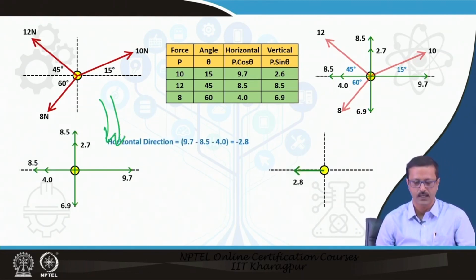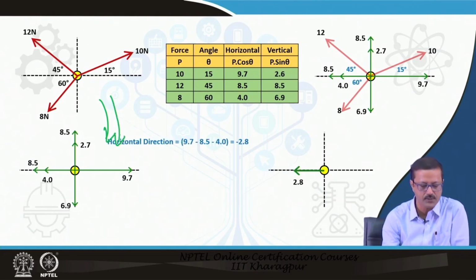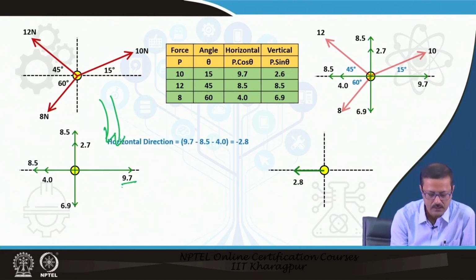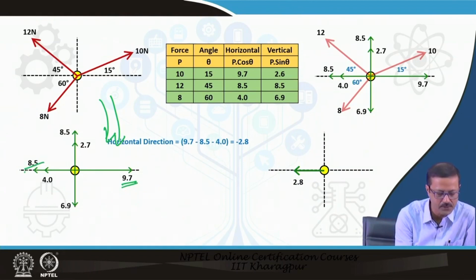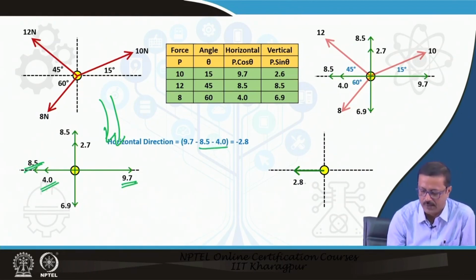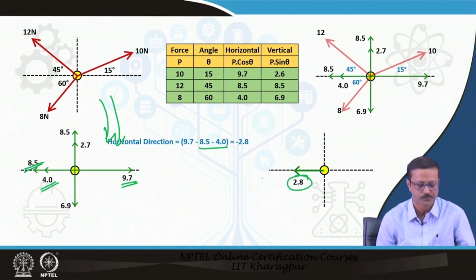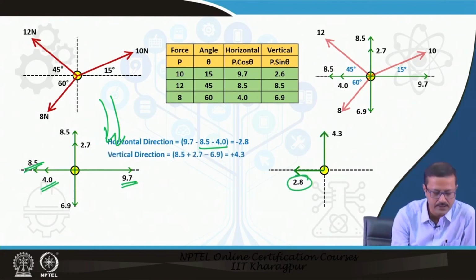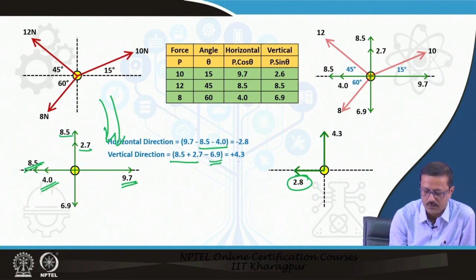Now in the x direction, how much are the forces? 9.7, and these two are negative because they are opposite in direction. So minus 8.5 and minus 4. Finally, I got 2.8. Similarly, the y direction forces are 8.5 and 2.7 in the positive y direction and minus 6.9. So plus 4.3 is this.